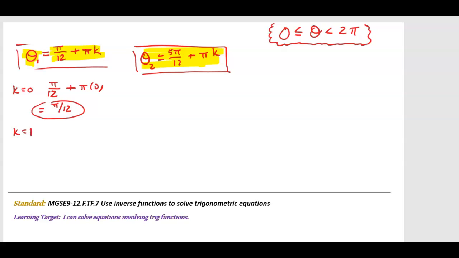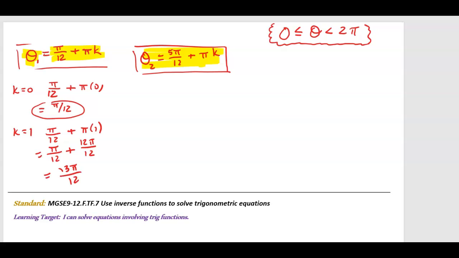Let's see what happens when k is 1. So I have pi over 12 plus pi times 1, which is pi. Now, this is a pattern we're going to see a lot. If I want pi to have a common denominator with pi over 12, then I'm going to rewrite that as 12 pi over 12. So I have pi over 12 plus 12 pi over 12, which gives me 13 pi over 12.